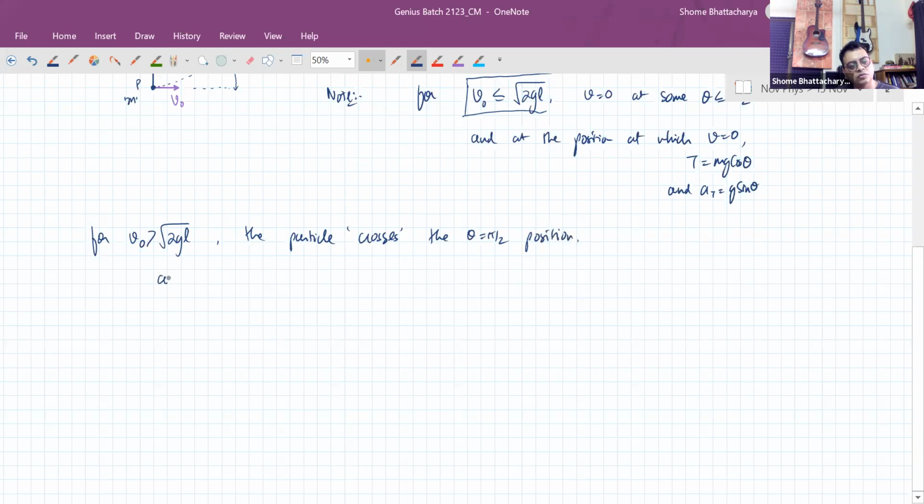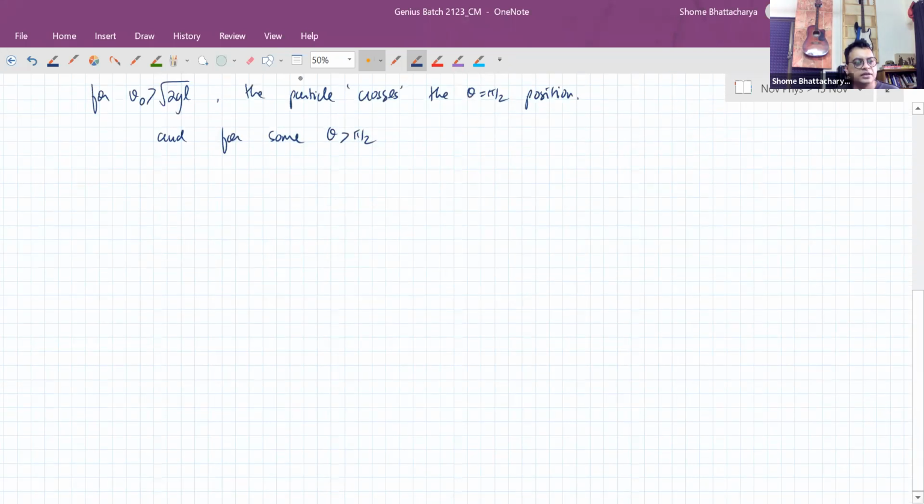Now, for some theta greater than pi by 2, if you look at the free body diagram, you'll notice one difference now. The way tension acts is different.